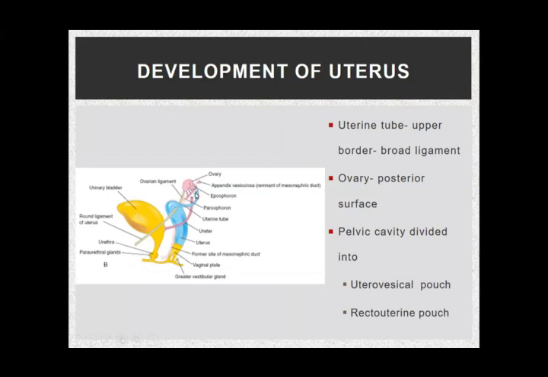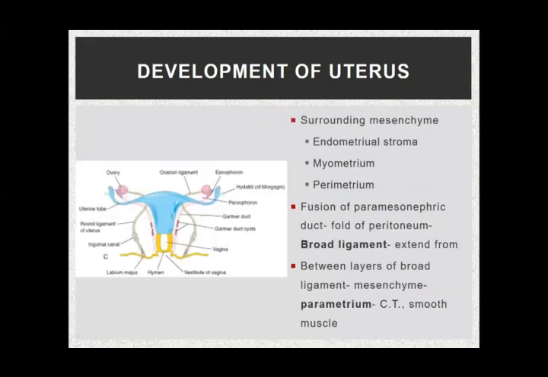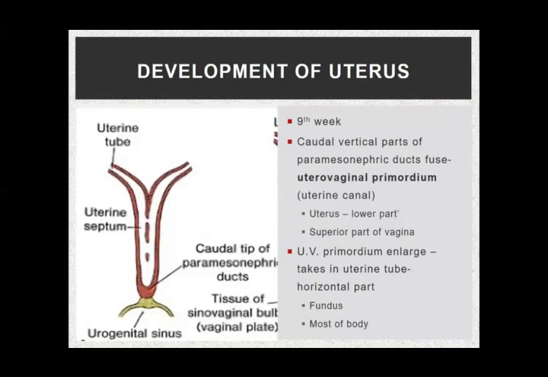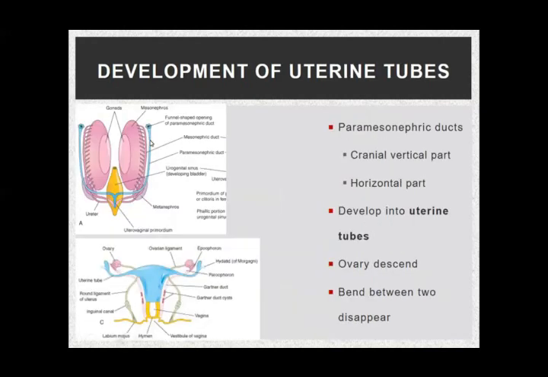We discussed the other day that the broad ligament was formed when the paramesonephric duct turns medially. It brings the peritoneum with it, and the fold of the peritoneum that this horizontal part brings with it develops into the broad ligament.